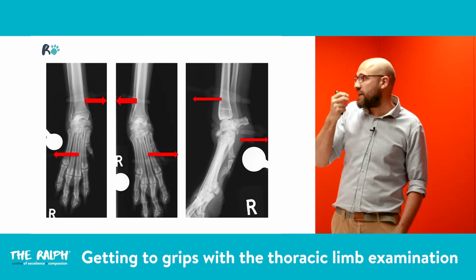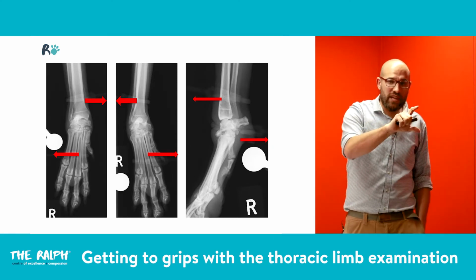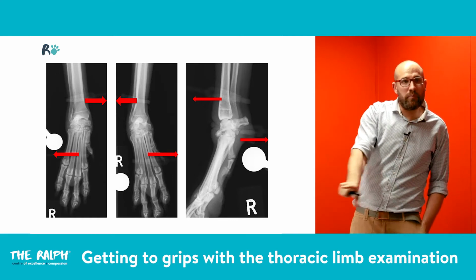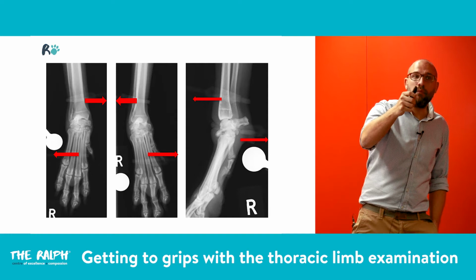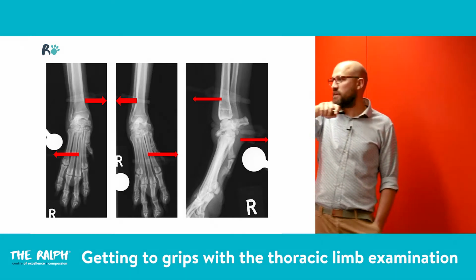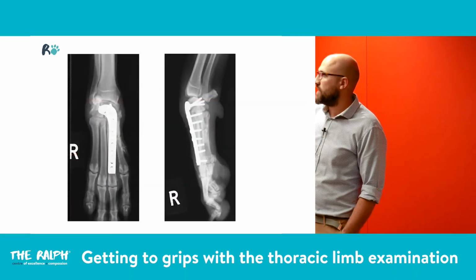So you know that the problem is at the level of the distal row of bones. So the treatment would be partial carpal arthrodesis, exactly. Okay, so here we go.